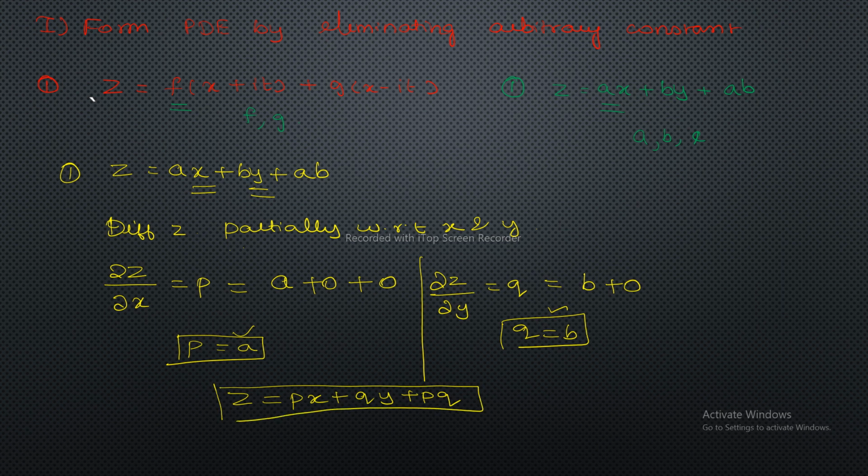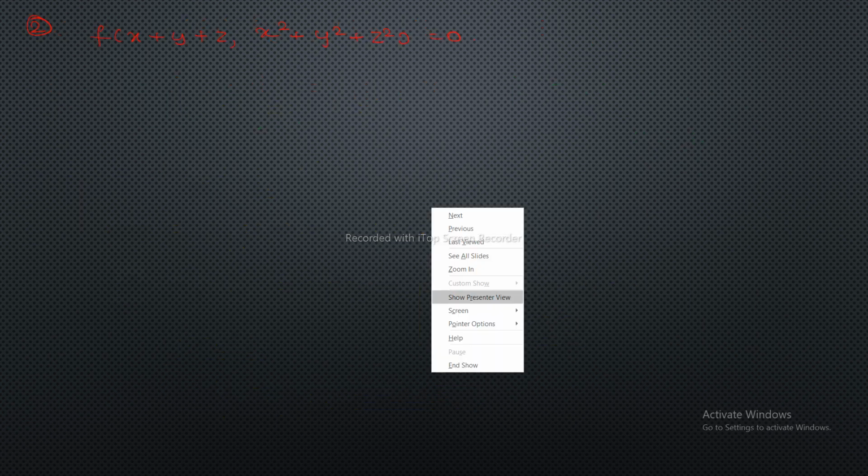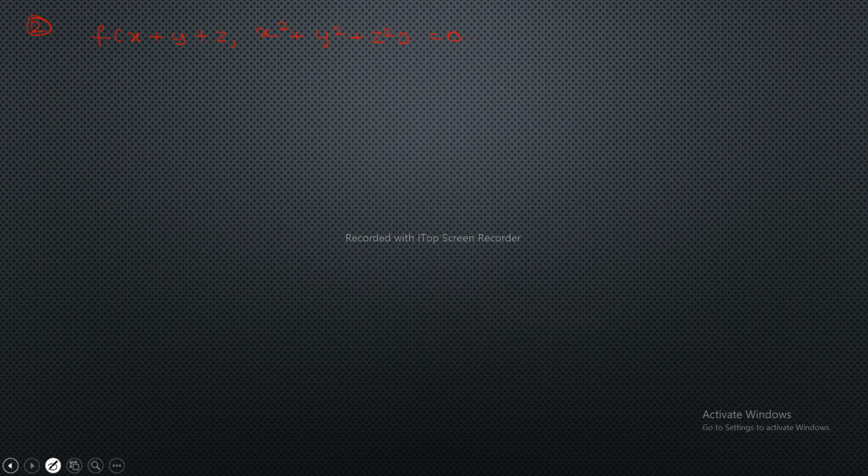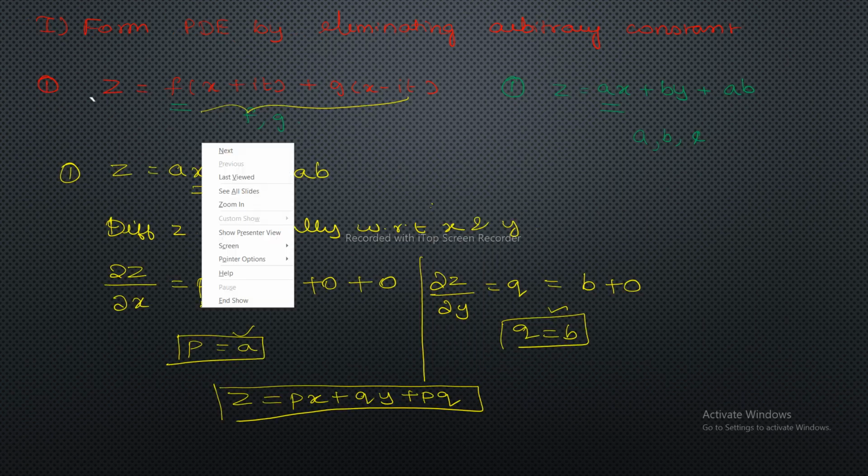Okay, now let's solve this problem. z is equal to f of x plus it plus g of x minus it, right?